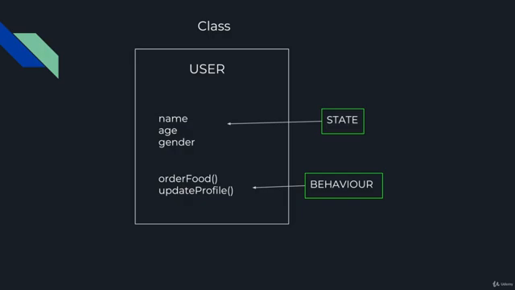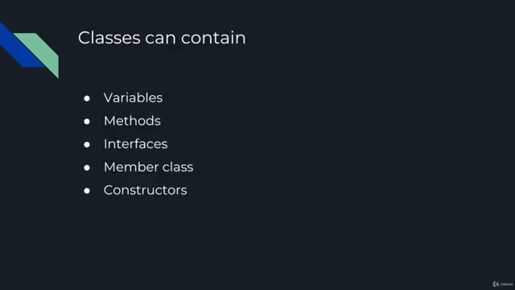These variables and methods are known as the members of the class. Classes can also contain interfaces, member classes and constructors as members apart from variables and methods. So in total a class can have variables, methods, interfaces, member classes and constructors.